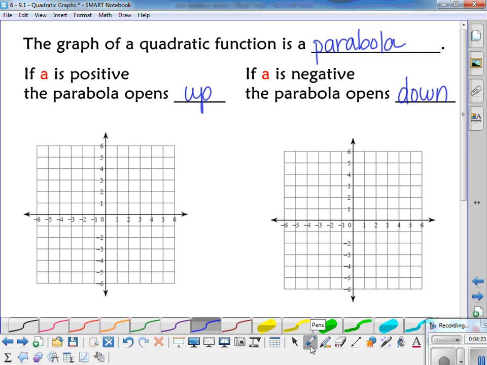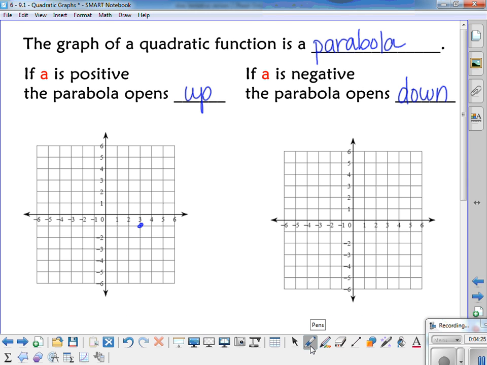So for instance, I could have this one, and in that one, A is positive because it's going up, right? And if it's opening down like that, that means that A is negative, okay?